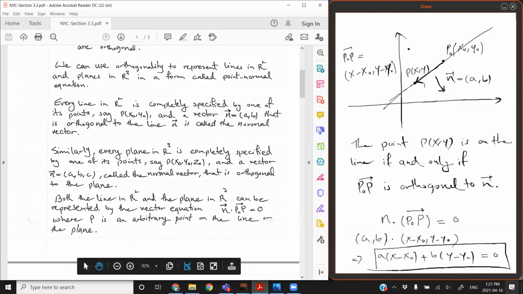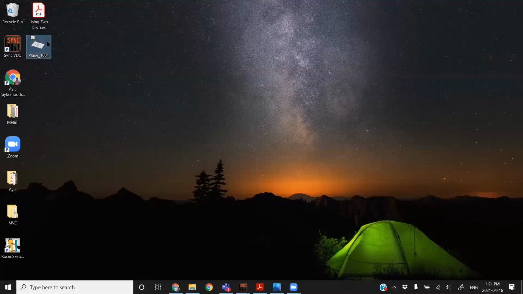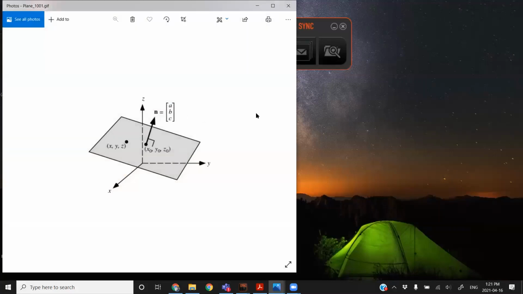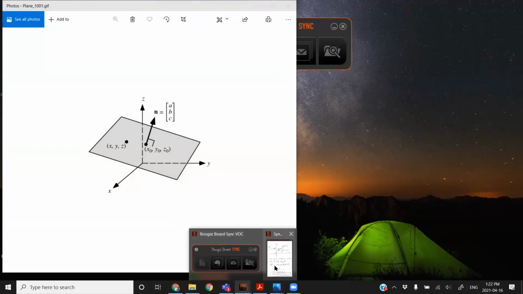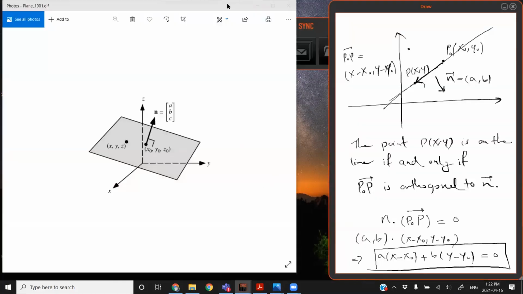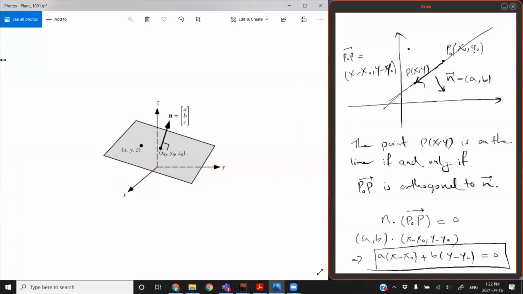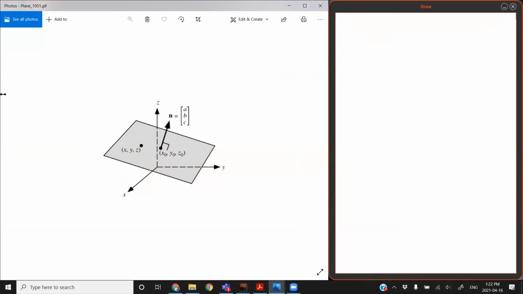For this one, I downloaded a photo to show you. Think of this point here, the point P0, X0, Y0. Let's say that's the point on the plane. And this is the vector that is orthogonal to the plane.